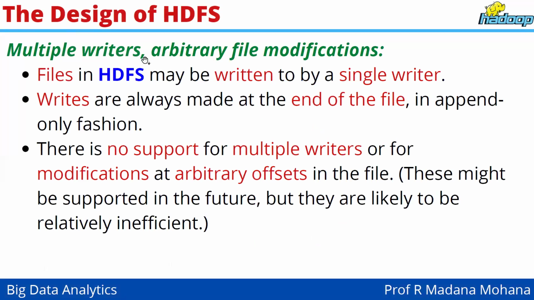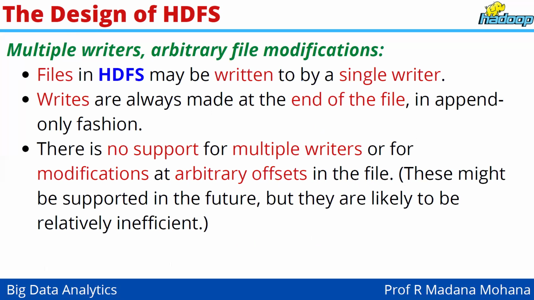Then multiple writers and arbitrary file modifications. So what are the problems with these? Files in HDFS may be written to by a single writer. Writes are always made at the end of the file in append only fashion. There is no support for multiple writers or for modifications at arbitrary offsets in the file.